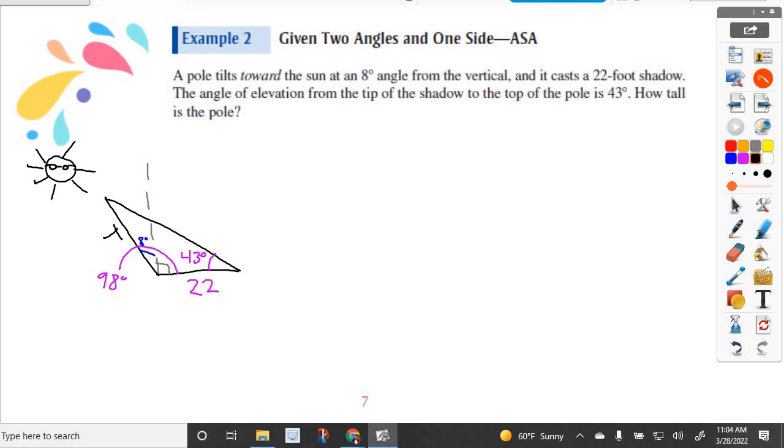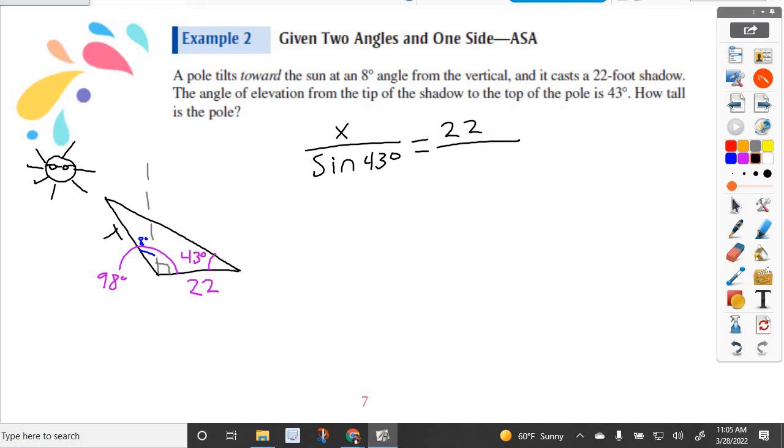So I have this side that I'm looking for, and my angle that is across from it. So that's going to set up my first ratio: x over sine of 43 degrees. But then remember, we need both pieces on our second ratio. We have 22, so that's what would go on top, but what needs to go on bottom there? The opposite angle.